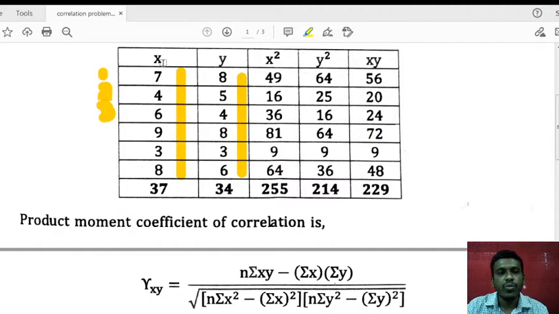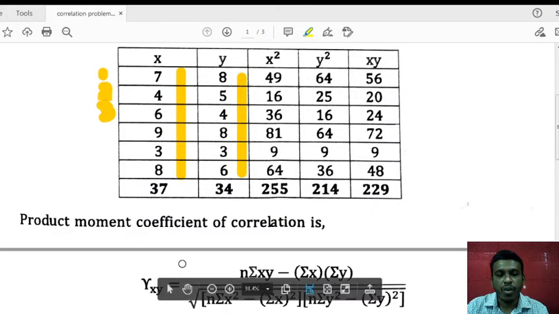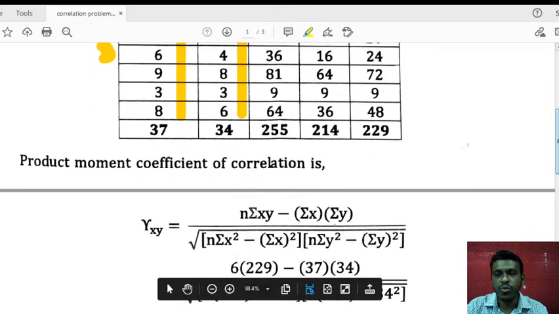Now what you have to do is apply the formula of Karl Pearson's coefficient of correlation.